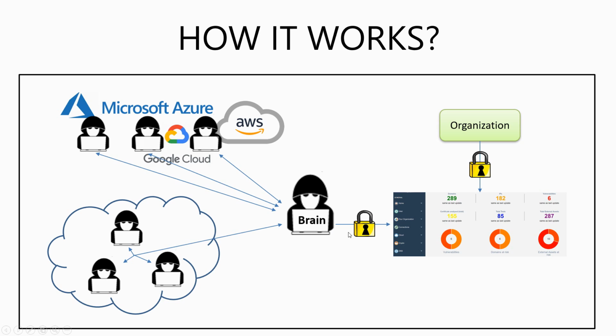Then the brain sends back all the details to the console of the user. Now the organization, any corporate, can use this console to see which of its current assets or connections are not monitored, and by that secure them immediately.